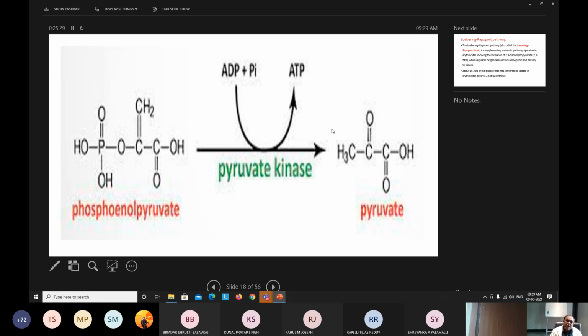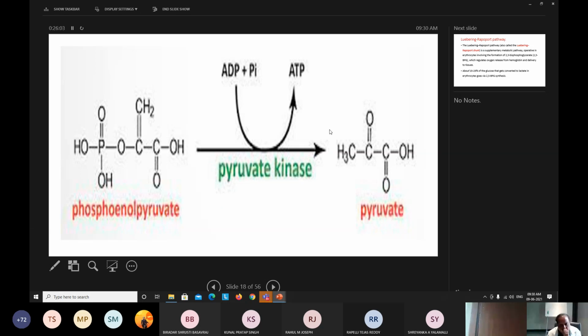One is hexokinase or glucokinase. The second one is phosphofructokinase, and the third one is pyruvate kinase. And the last one is that the glycolysis pathway is also regulated by the action of hormones. Insulin increases the rate of glycolysis, and glucagon inhibits the reaction.